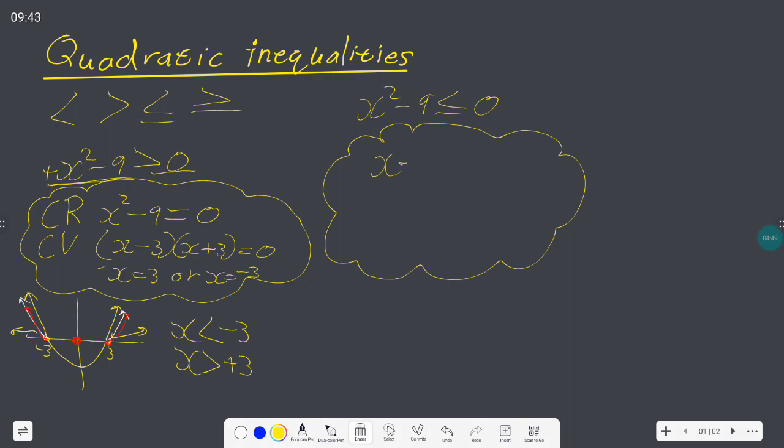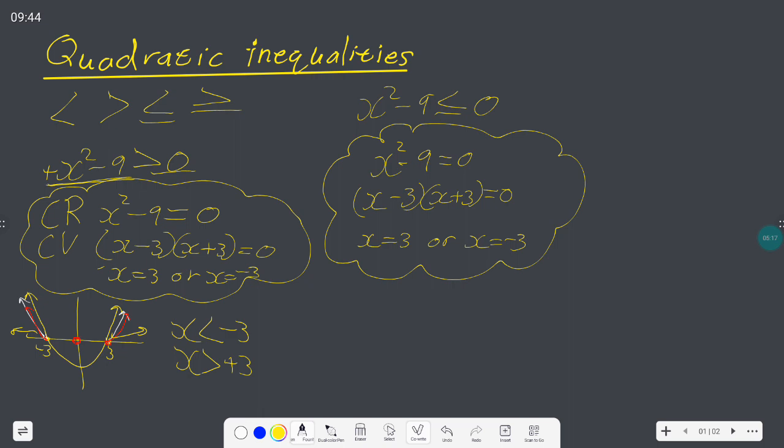X squared minus 9 is equal to 0. So what do I know? It's x minus 3 and x plus 3. So my critical values are where x equals 3 or x equals negative 3.